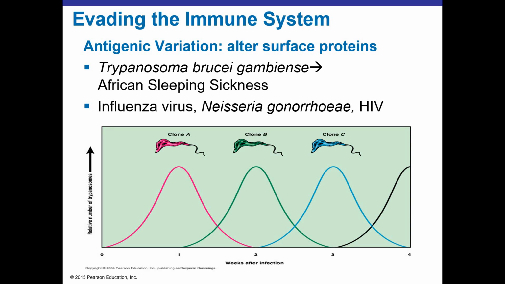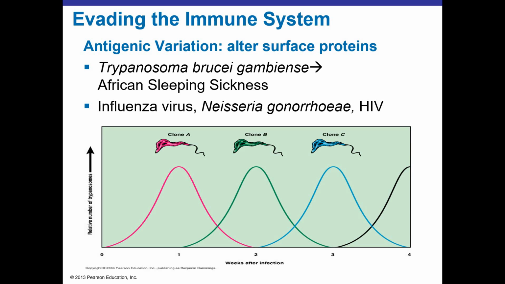What happens is that you have the first antigenic coat being recognized by the immune system. In this case, clone A has a pink coat, so the immune system will respond and clear that particular variety, but then a second one emerges with a new coat. Then that proliferates, and this keeps going on and on. So again, the immune system is going to recognize it and win those individual battles, but it never wins the war.